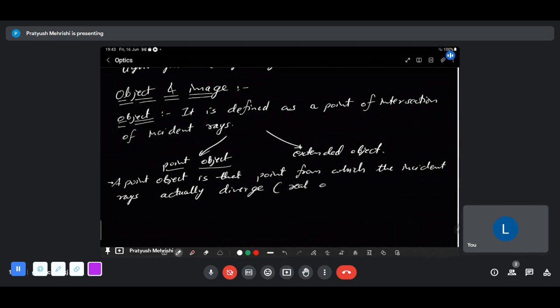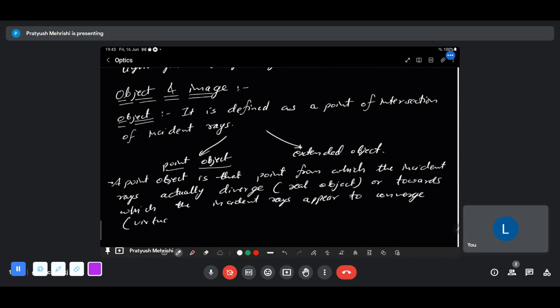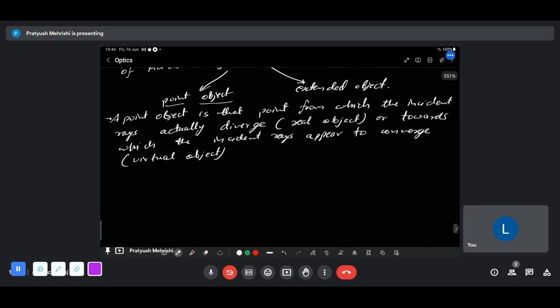This is called a real object. Or towards which the incident rays appear to converge. This is called a virtual object. Okay, these two objects can be visualized like this.